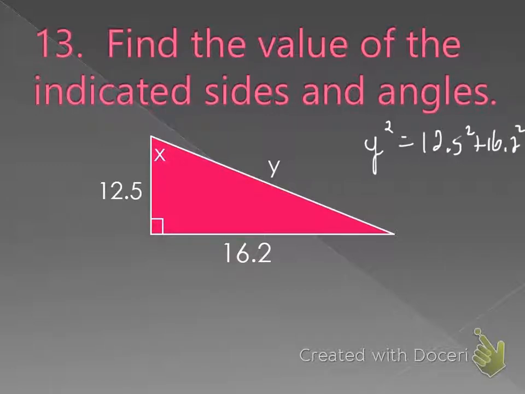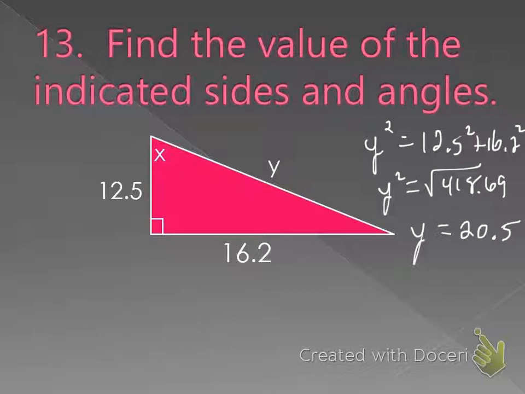And doing some button pushing here. Y squared is equal to 418.69. And then square root that. And we get 20.5. So y is 20.5.